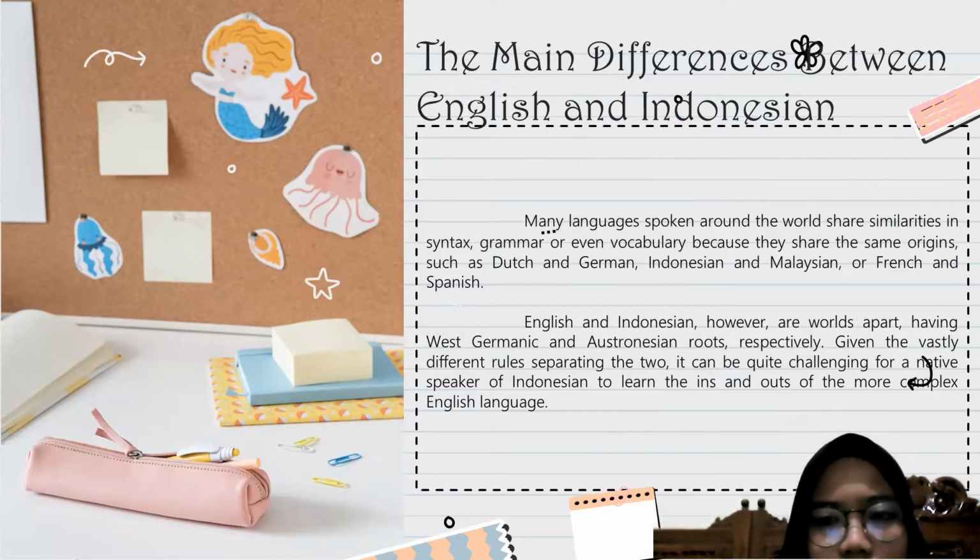English and Indonesian, however, are worlds apart, having West Germanic and Austronesian roots, respectively. Given the vastly different rules separating the two, it can be quite challenging for a native speaker of Indonesian to learn the ins and outs of the more complex English language.